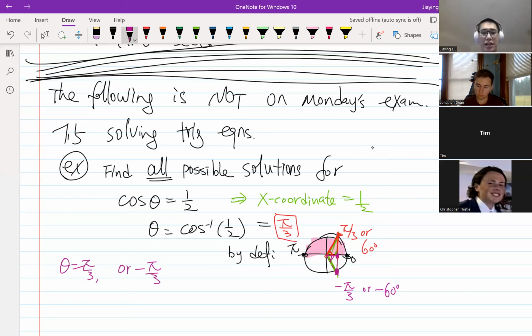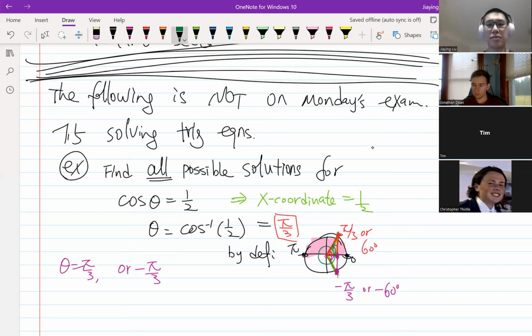The question is, are there other angles that will give us the same cosine equals half? Well, there are. Suppose we take an angle, go around the full circle once, and then come back to this pi over 3 terminal side. That's a coterminal angle to pi over 3, and it's going to have the same cosine.